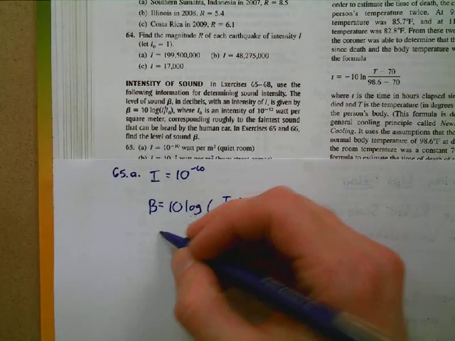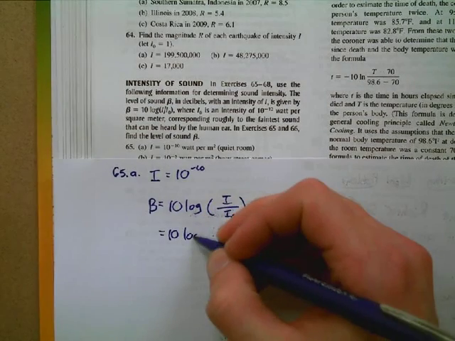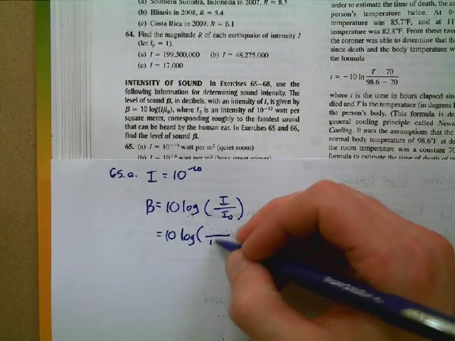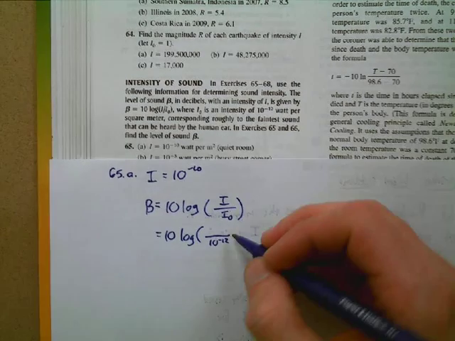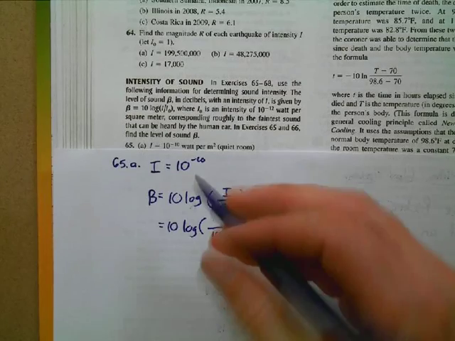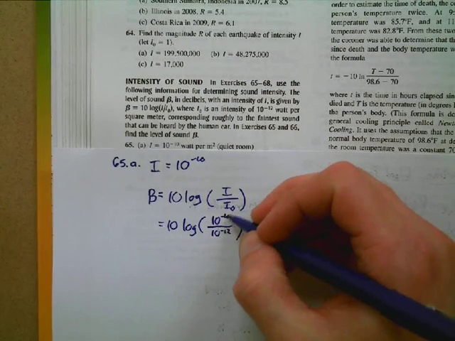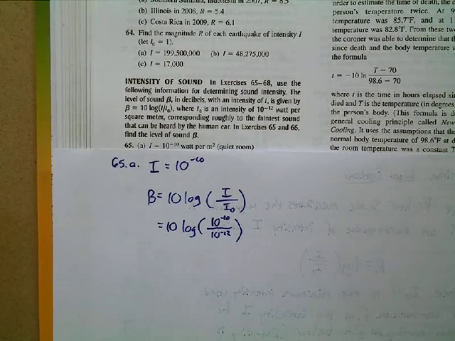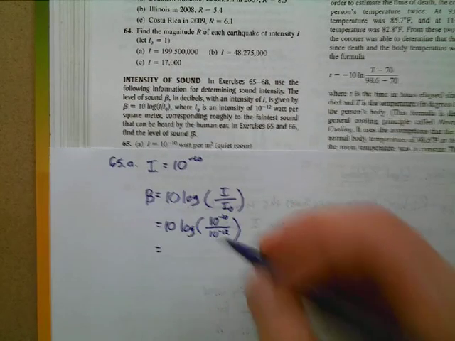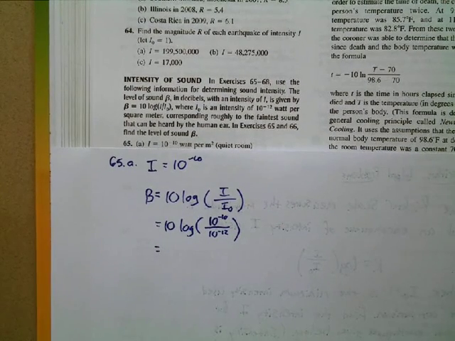This is something we can just straight up type into our calculators: 10 log of 10 to the negative 10th divided by 10 to the negative 12. And we get 20 decibels.